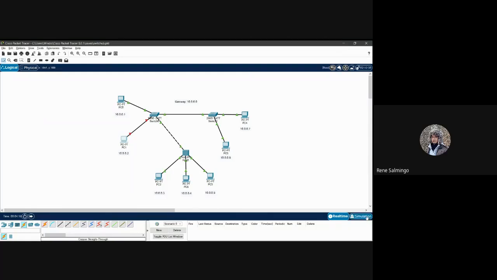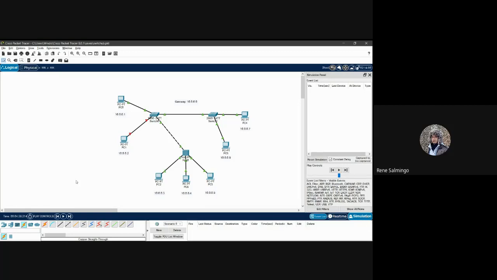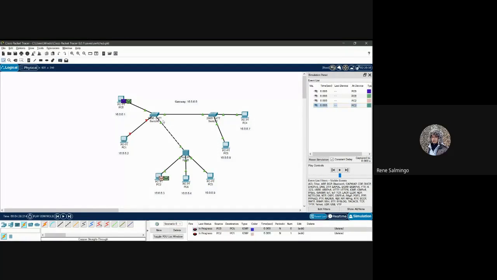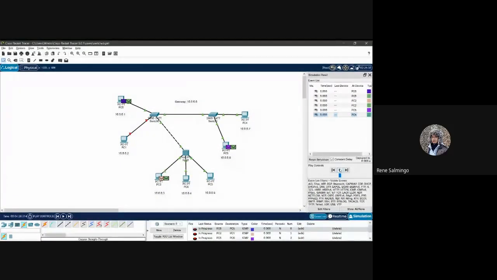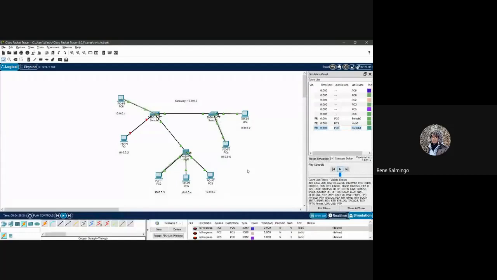So meaning when you simulate this simple PDU, this to this, maybe, and so, we try. So that's how you simulate. That's how data is being distributed.